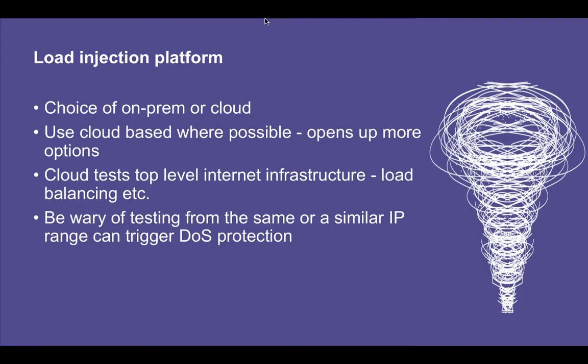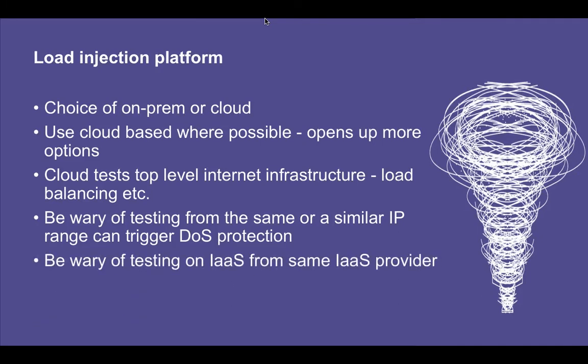One of the points is that if you are testing a system under test which is deployed in, say, AWS, then be very wary of load testing it from AWS as well, because there are all kinds of optimized routes that Amazon use, which mean that whilst it would perform very quickly, it isn't as representative because you're not truly going out over the public internet necessarily.